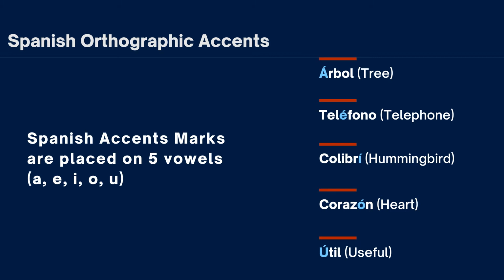So the Spanish accent marks are usually placed on only 5 vowels. A, E, I, O, U. Okay, so these 5 vowels are the only vowels in which you put the accent marks in the Spanish language, okay? And here we got some examples. Árbol, tree. Teléfono, telephone.